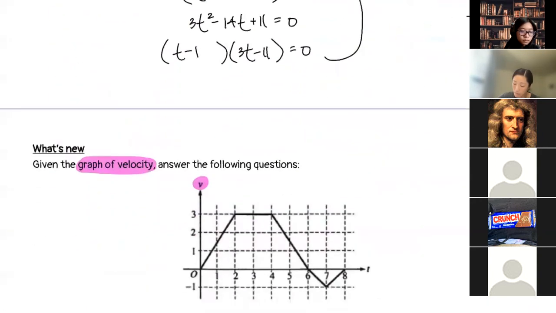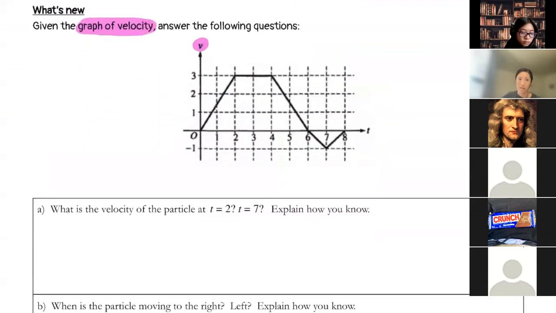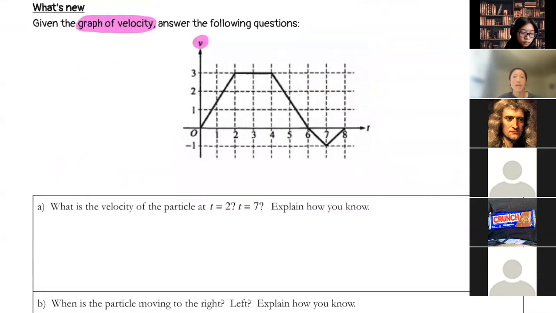And so let's talk about question A here, okay? So here's a graph of velocity. Now, question A says, what is the velocity of the particle at t equals 2? And separately, what is it at t equals 7? And explain how you know, all right?